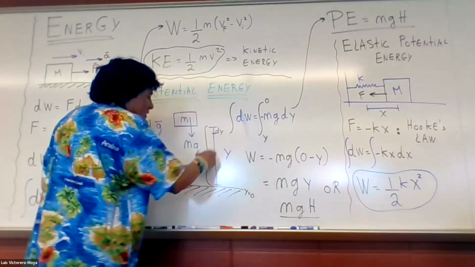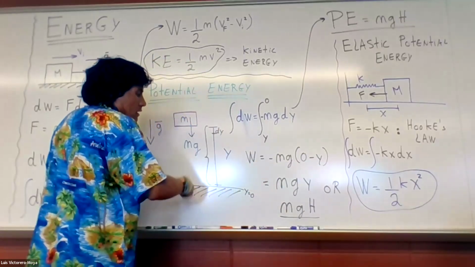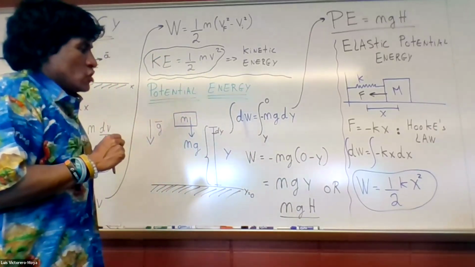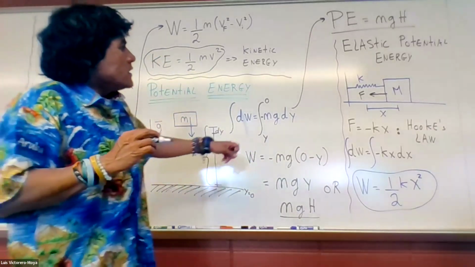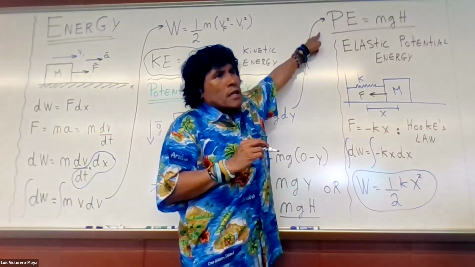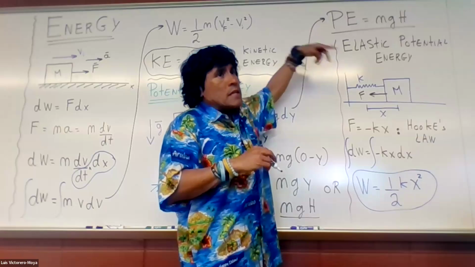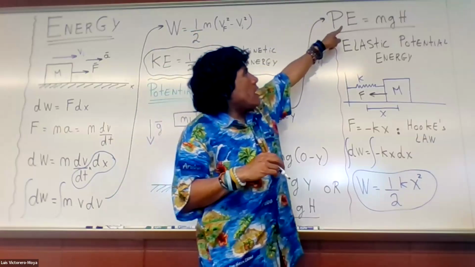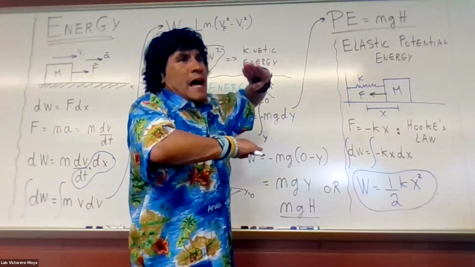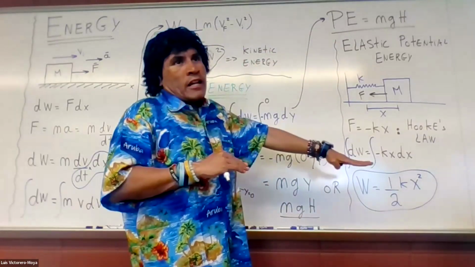If I call this the height, then you can also write it down as mgh. That's why the equation for potential energy that you will find in textbooks, the simplified equation, is mgh, where h is the height with respect to the reference.